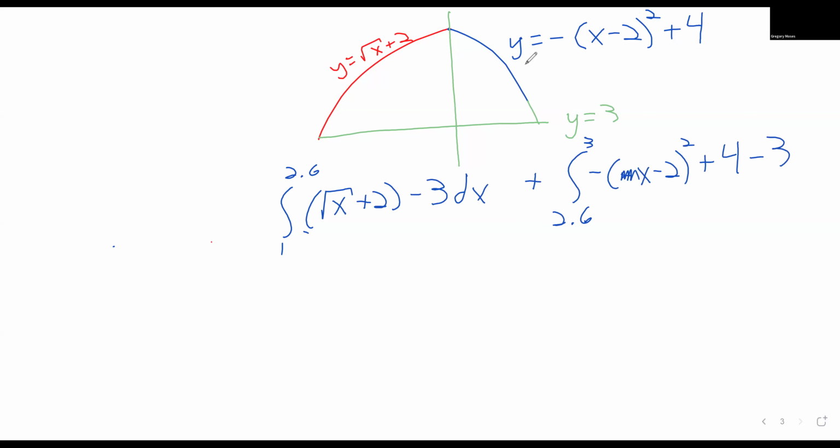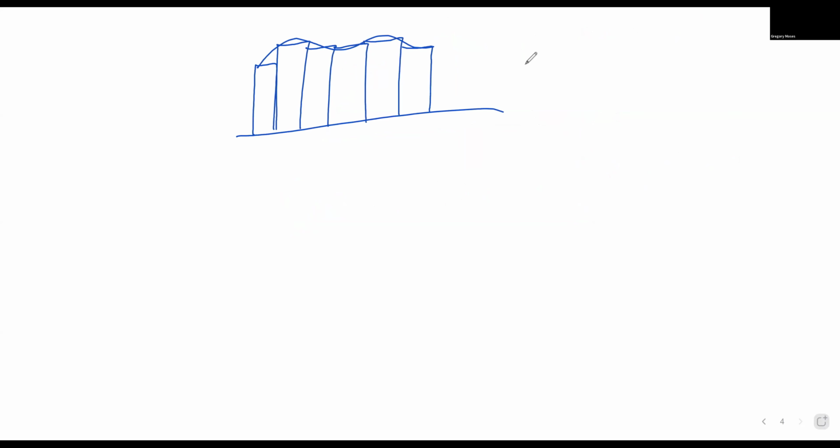So the alternative, which you might or might not think is easier than this, is to say, well, where does the integral come from in the first place? I mean, the integral comes from messing around with rectangles, right? We've got a curve, and we draw a bunch of rectangles, and we find the area of those rectangles, and we take a limit.